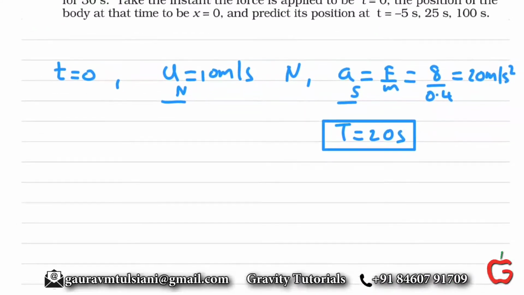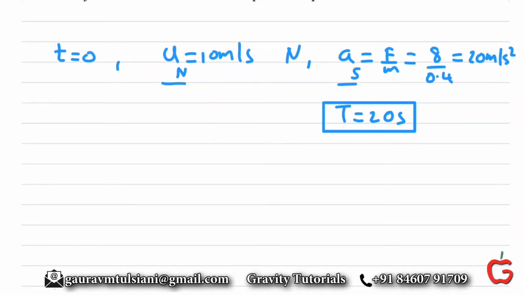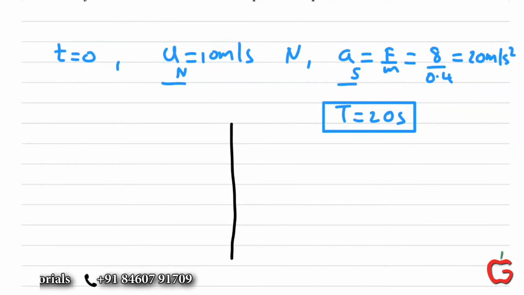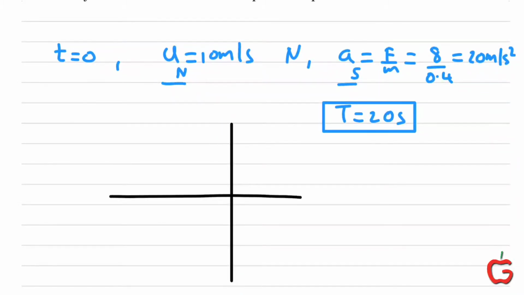Okay. So let me show this graphically. It will be visually more understandable. So this is the position time graph of the body. As usual, the x-axis being the position and the y-axis being the time.